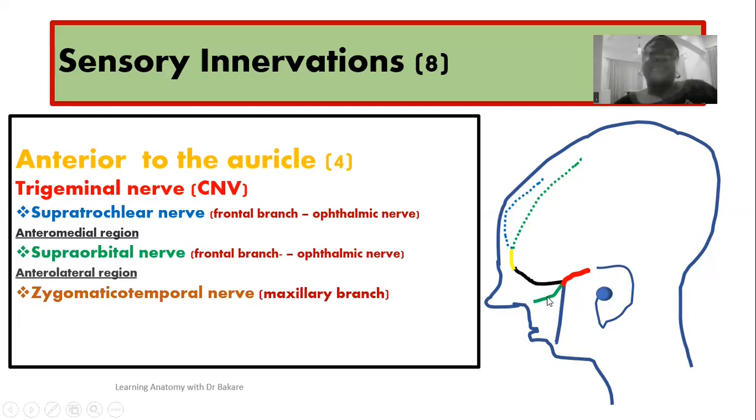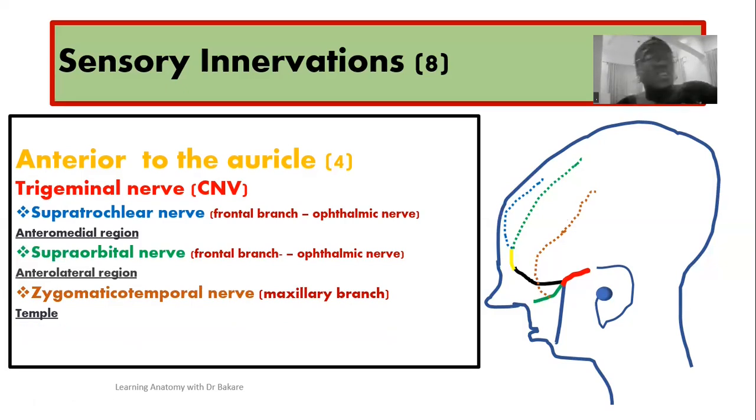So the maxillary branch of the trigeminal nerve is seen to give off the zygomaticotemporal nerve here that is highlighted. And this, of course, is seen to supply the temple. This is where we have the temple. So the skin around this region is given sensory innervation by the zygomaticotemporal nerve, which of course is the branch from the maxillary nerve. And we know that the maxillary nerve is the second branch of the trigeminal nerve.